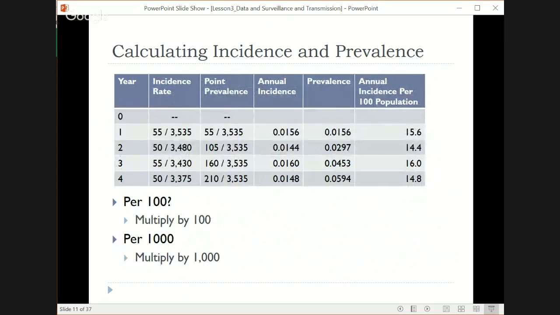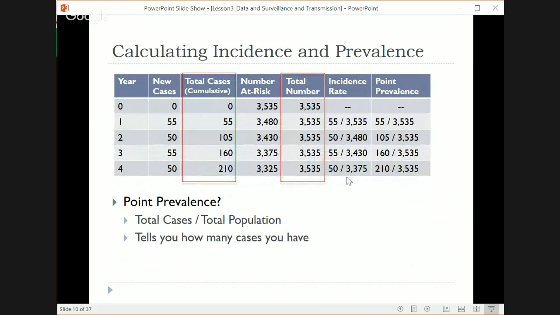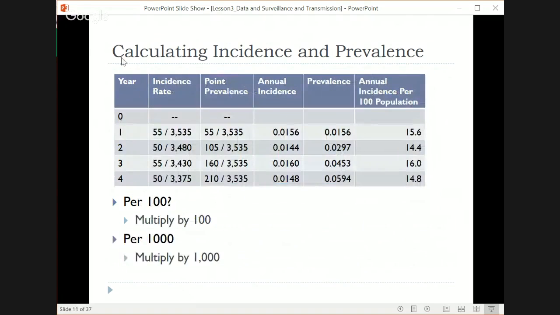Right, the last thing you were asked to do is to express these incidence rates. So now these two columns, the incidence rate and the point prevalence, are going to be the first two columns in my next table. You were asked to express these per some annual incidence.